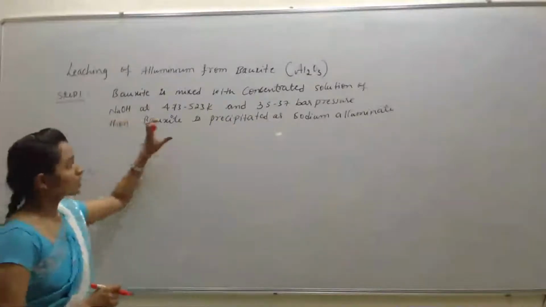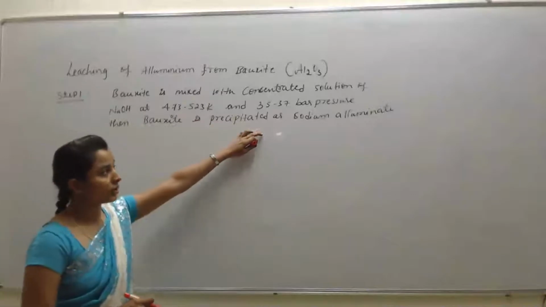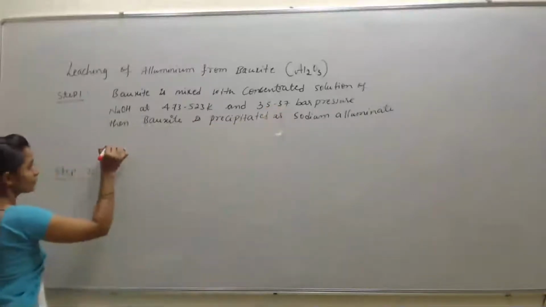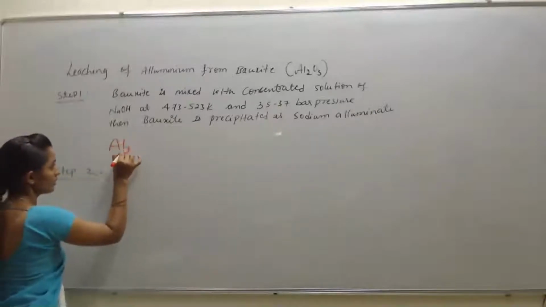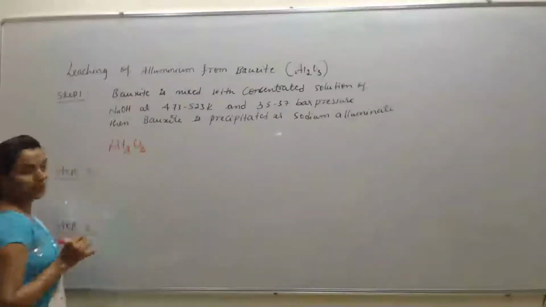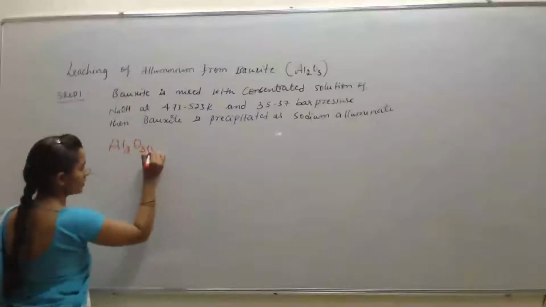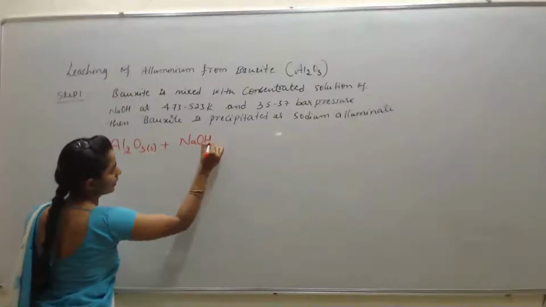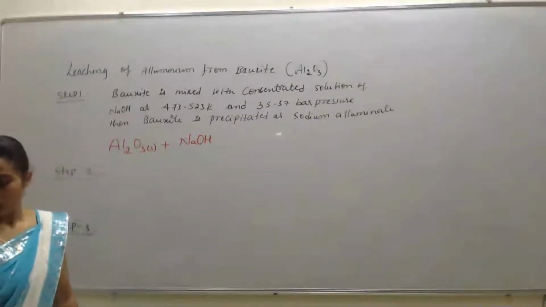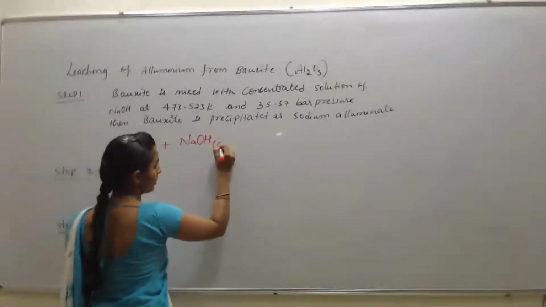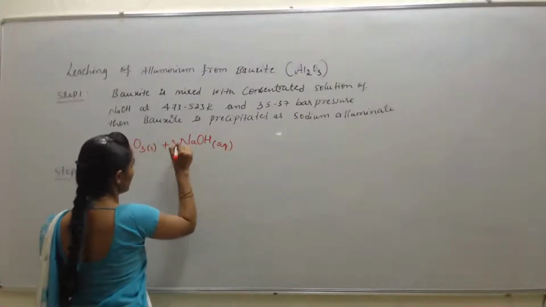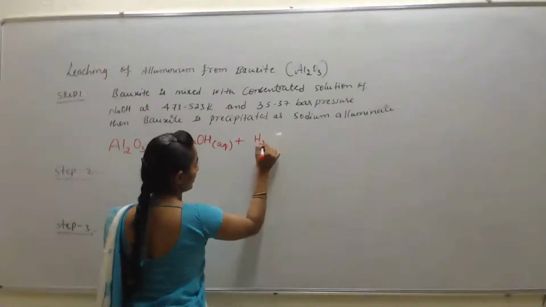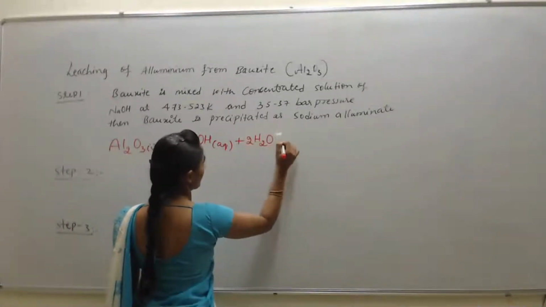So here the reaction: bauxite means Al2O3, which is solid, mixed with concentrated solution of NaOH and H2O.